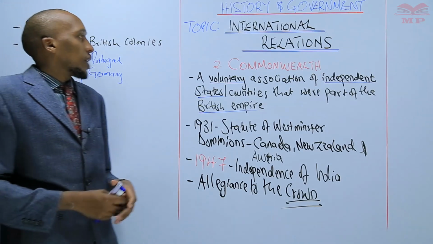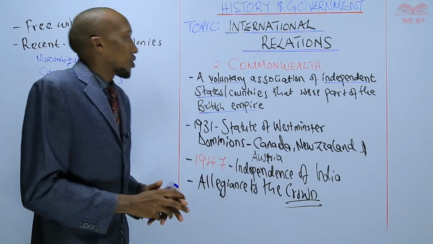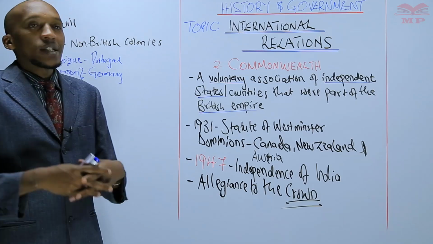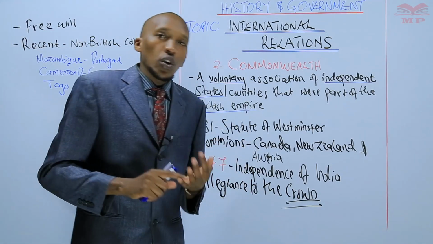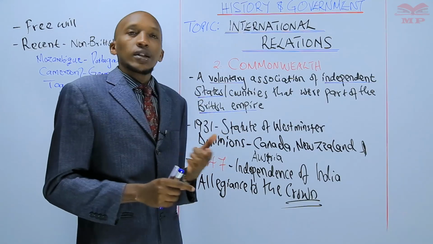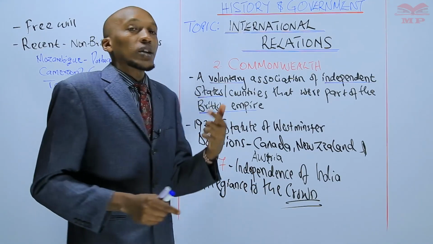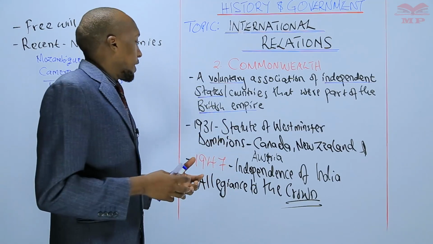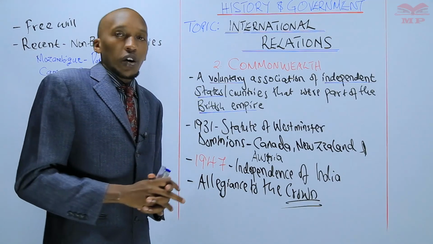My dear learner, as we end our lesson today, I was just making an introduction of the Commonwealth. We have learned what Commonwealth means: a voluntary association of independent states that were part of the British Empire, or part of a British colony. We said that it started in 1947 after the independence of India.